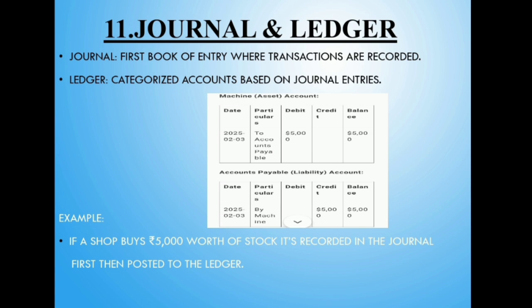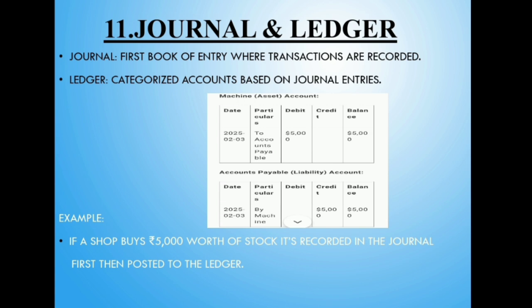For example, when the shop buys stock worth 5,000 rupees, the journal entry would be: stock account debit, accounts payable credit. Stock is debited because the shop now has more stock. Accounts payable is credited because the shop owes money to the suppliers.